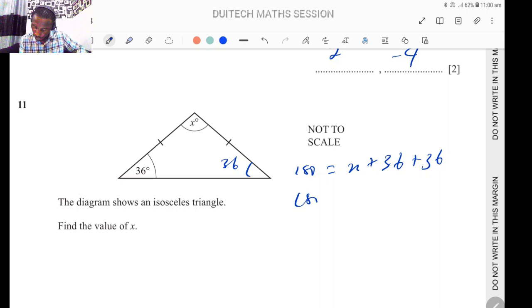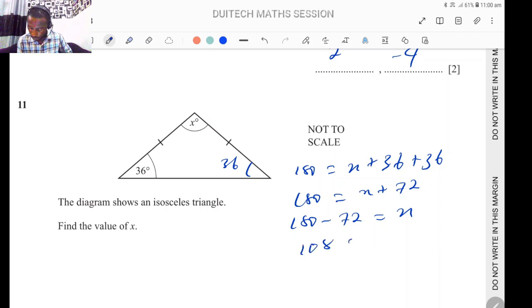So 180 equals x plus 72. Subtracting, 180 minus 72 equals x, so 108 equals x. So x is 108.